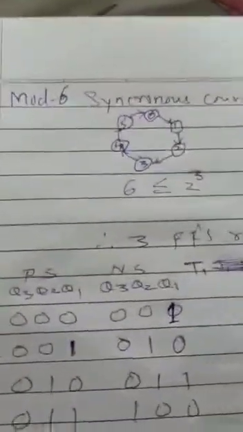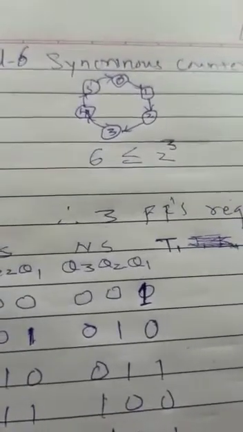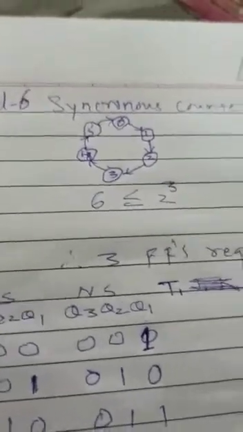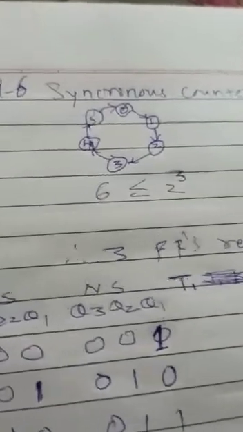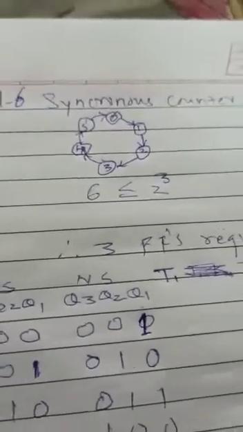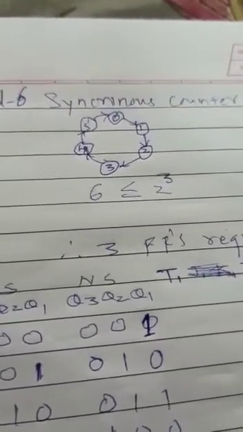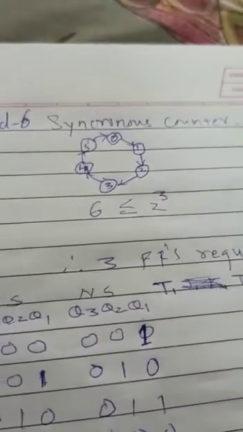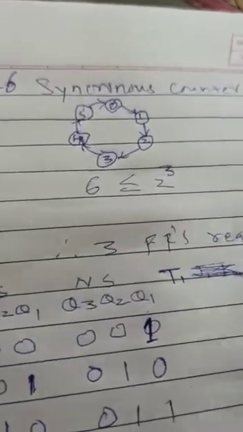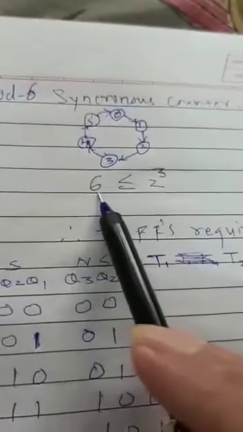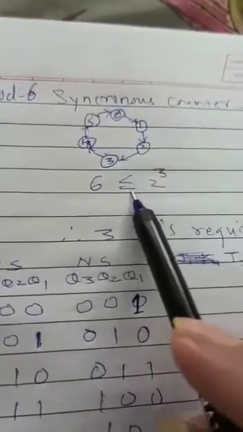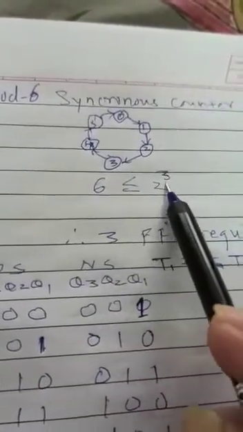So now let's design a mod 6 synchronous counter. First thing, you have to find out the number of flip-flops required, as we have done in the asynchronous counter. Same expression you have to use. Mod 6 is less than or equal to 2 raised to 3.